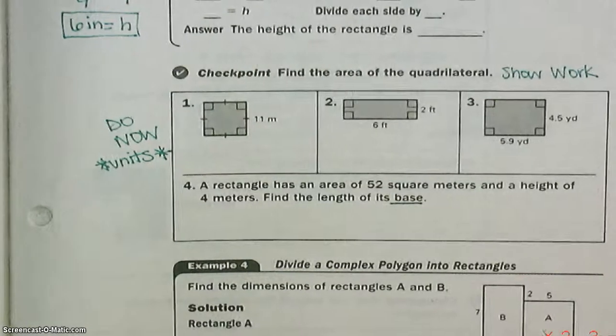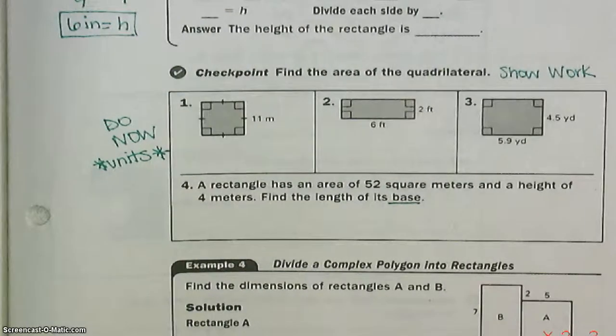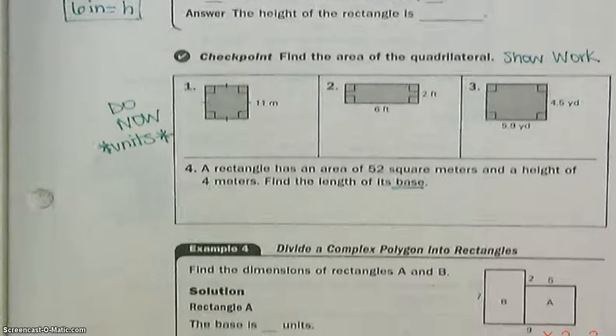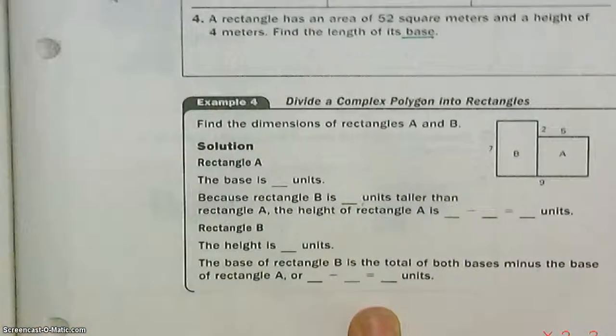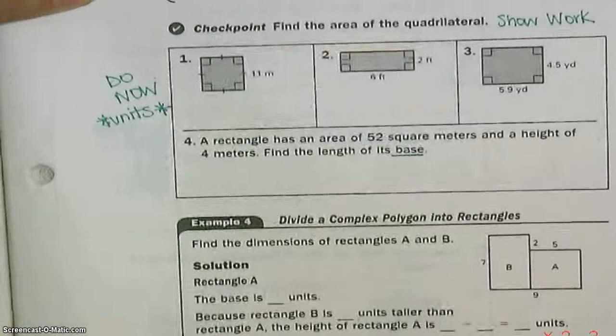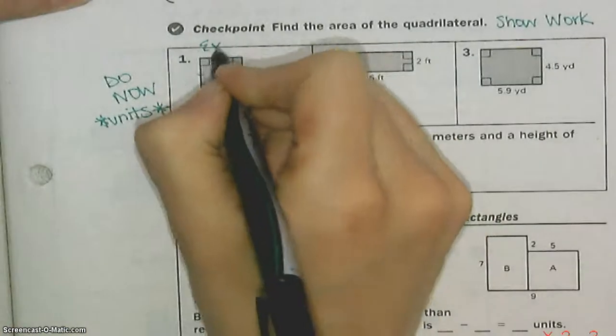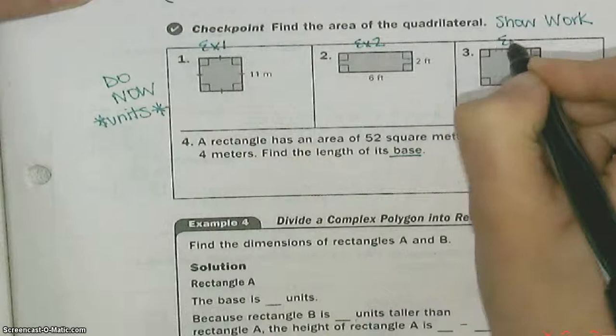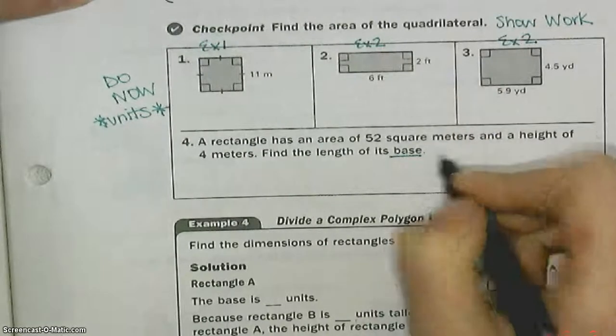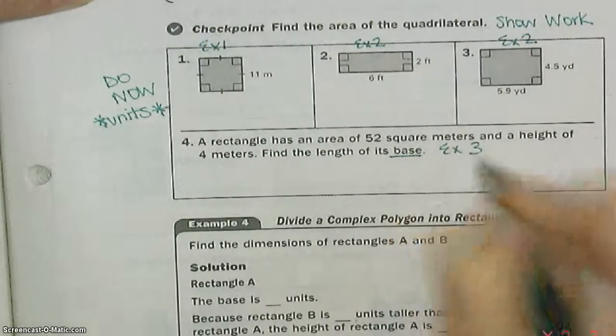Make sure you do that too. If you need any help, this is like example 1, this is like example 2, this is like example 2, and this is like example 3.